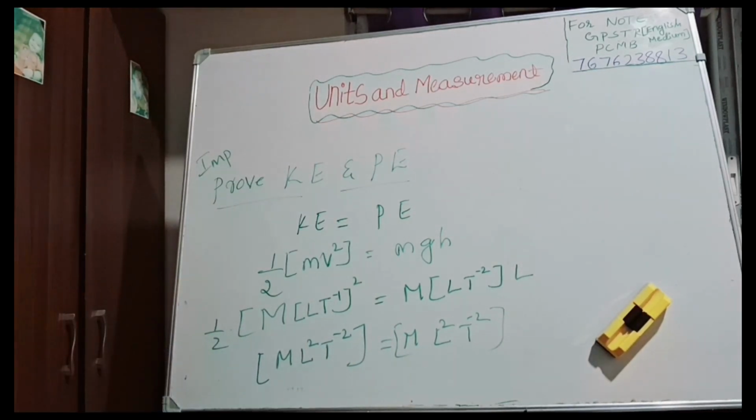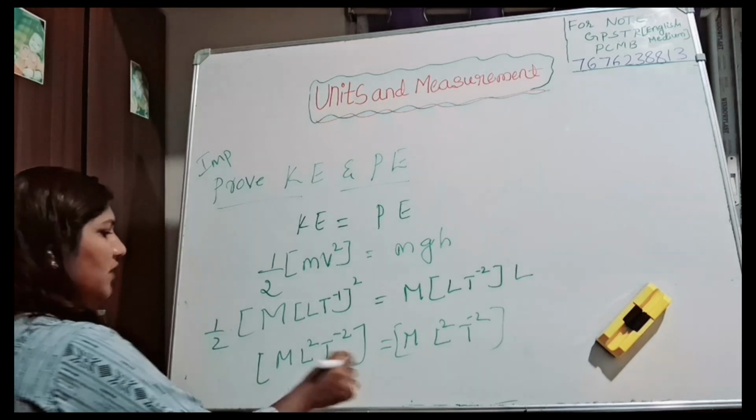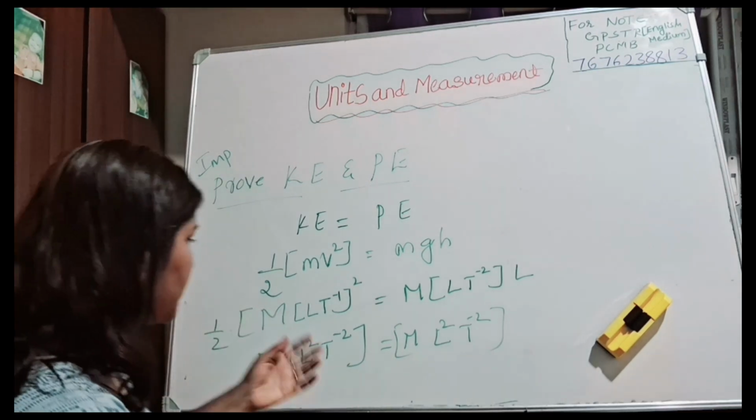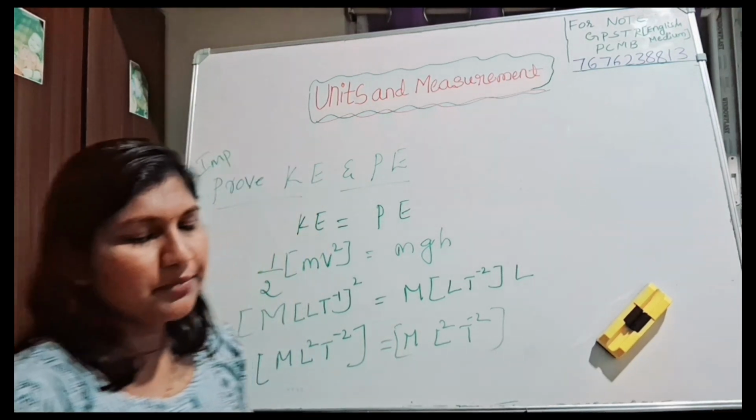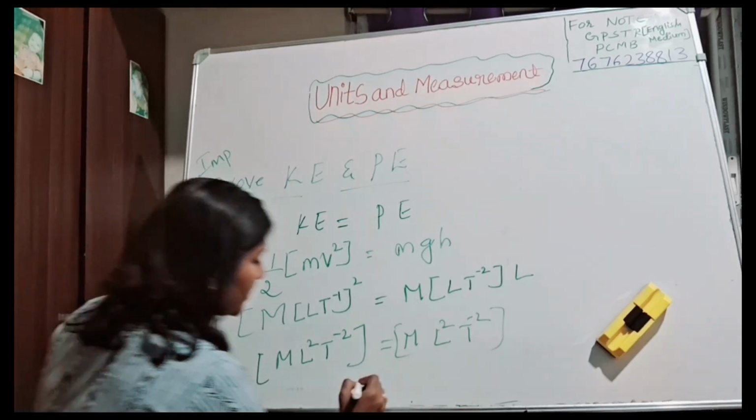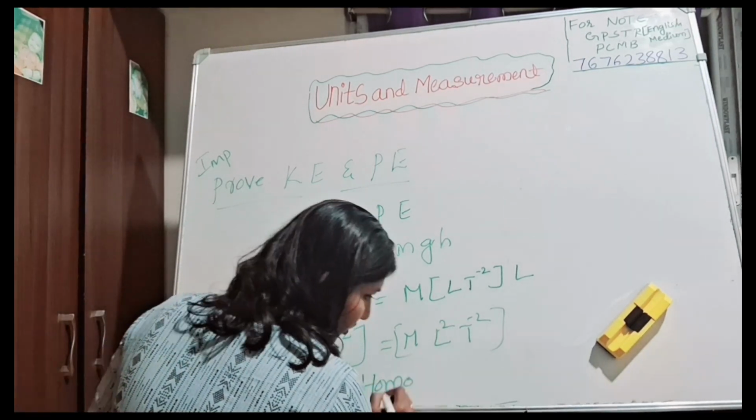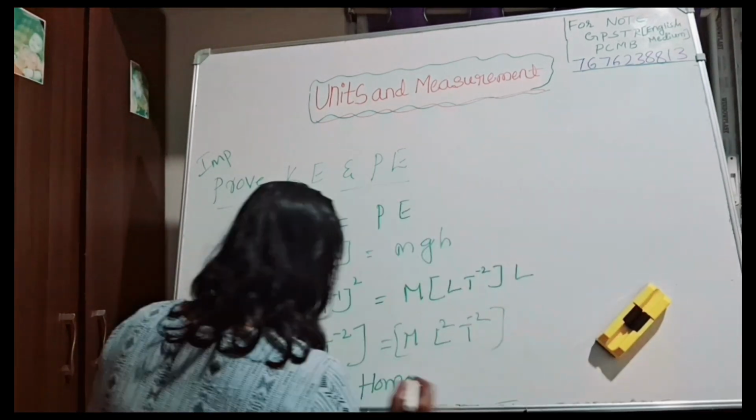So kinetic energy and potential energy dimensions are equal. If the left hand side dimension is equal to the right hand side dimension, it is the homogeneity principle.